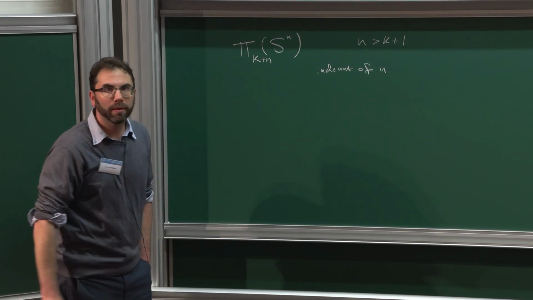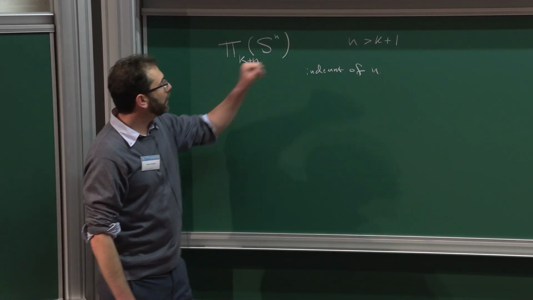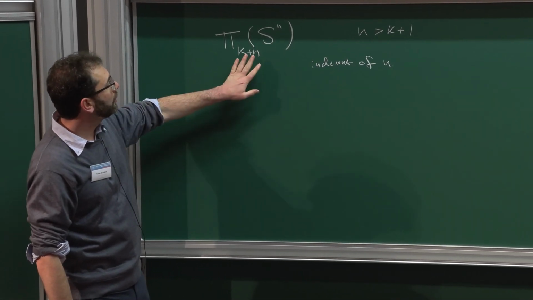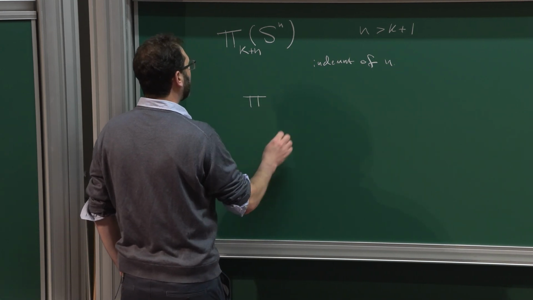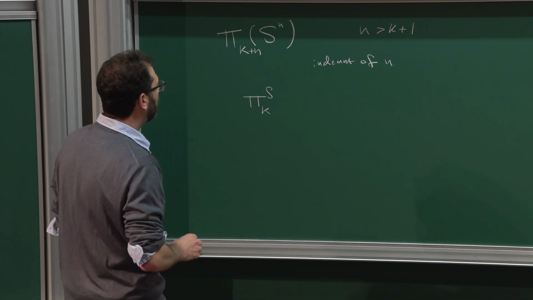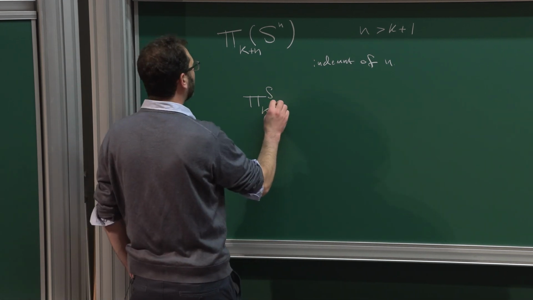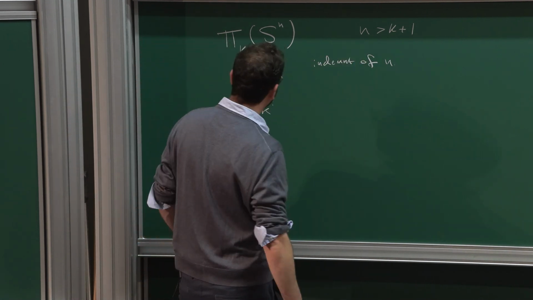Okay? So the moment that the number n here is large enough, this thing is independent of n, so we actually get a one-parameter family that we can consider. Those are known as the stable homotopy groups of spheres. So this is going to be defined as this in that range. Okay?